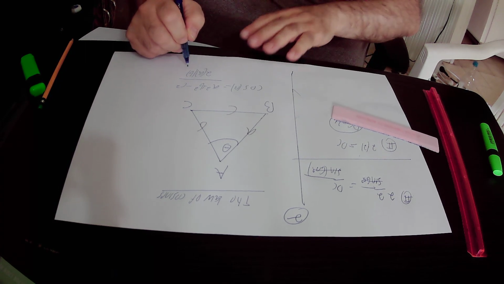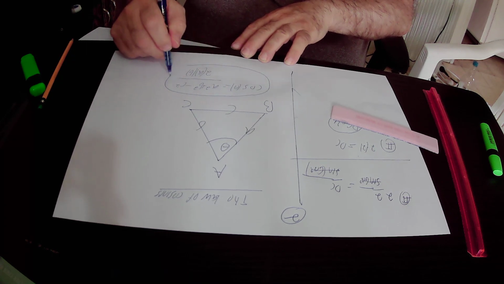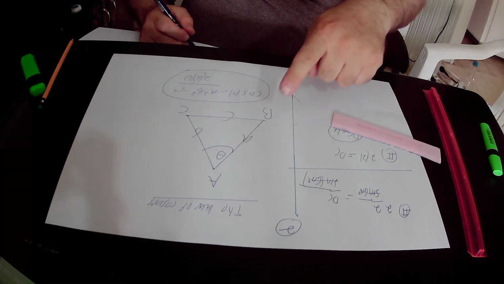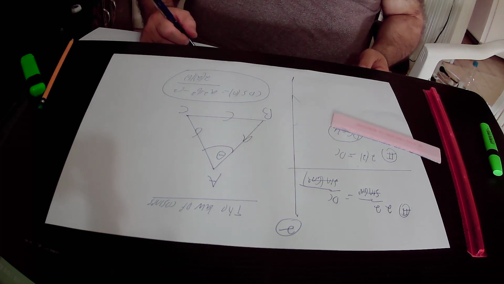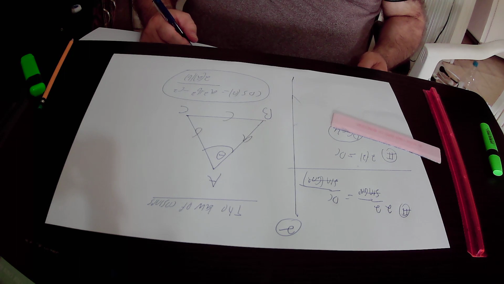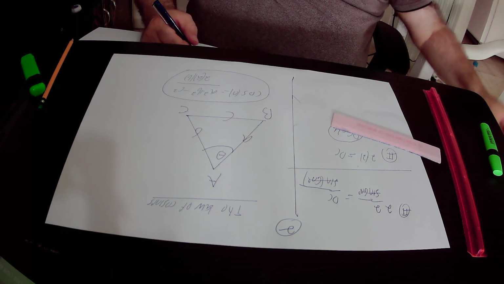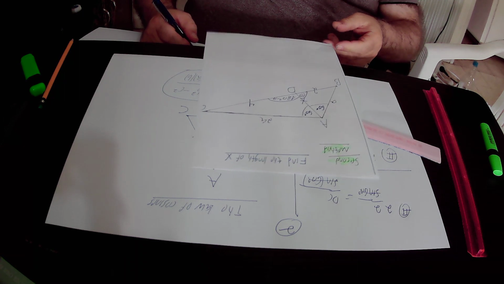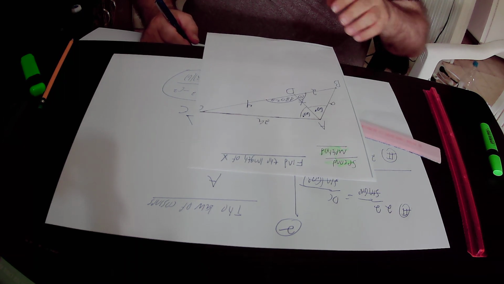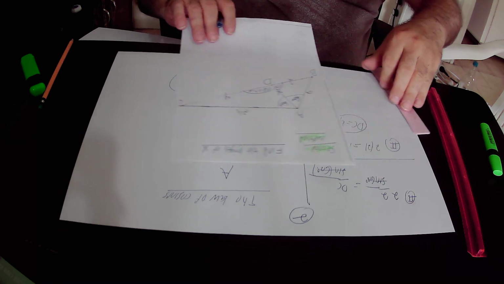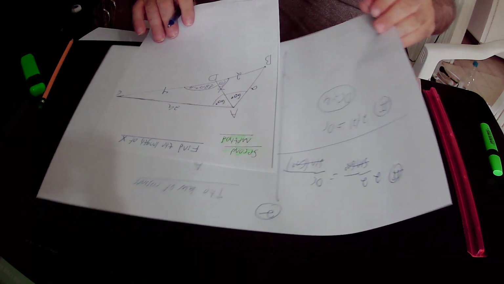So in any triangle, cosine theta equals a squared plus b squared minus c squared over 2ab. So we actually implement the law of cosines in triangle ABC. Okay, so I'll copy triangle ABC in a new page and we'll implement the law of cosines in triangle ABC.